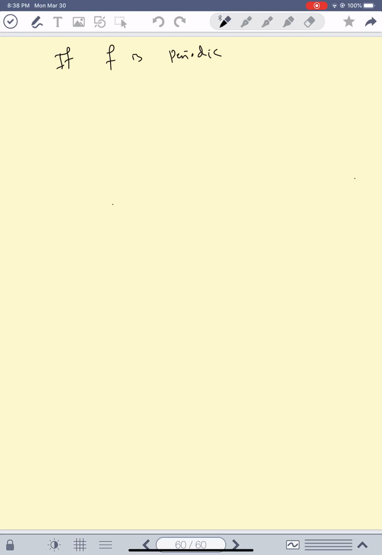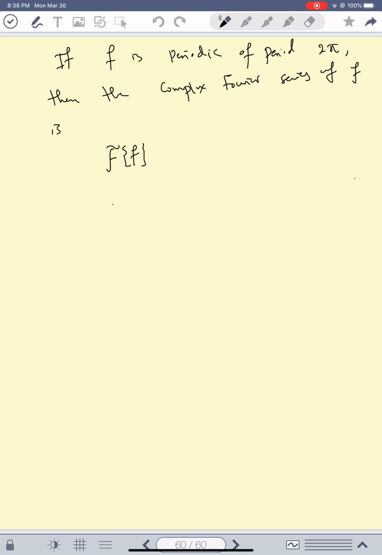So if f is periodic of period 2 pi, then the complex Fourier series of f is, so this is the complex Fourier series of f.